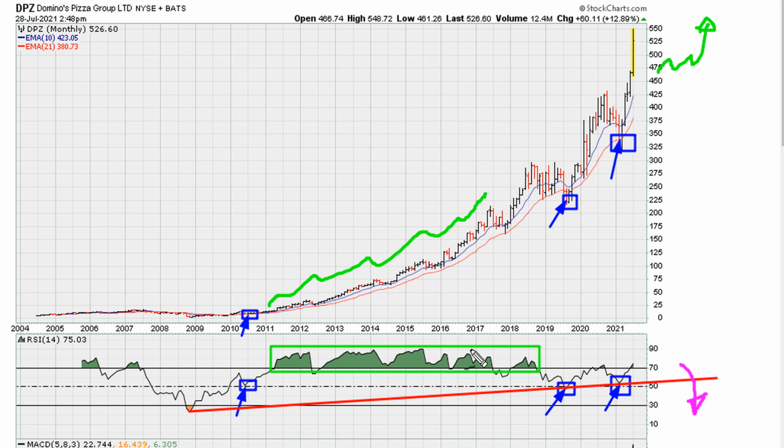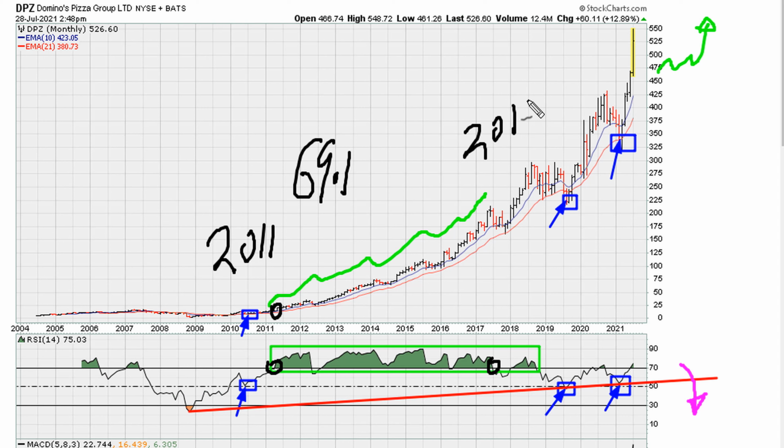As a side note, we stayed above 69.1 essentially from 2011 here to somewhere here, let's say, before a major pullback below 69.1, 2017. So we're talking about 6+ years.